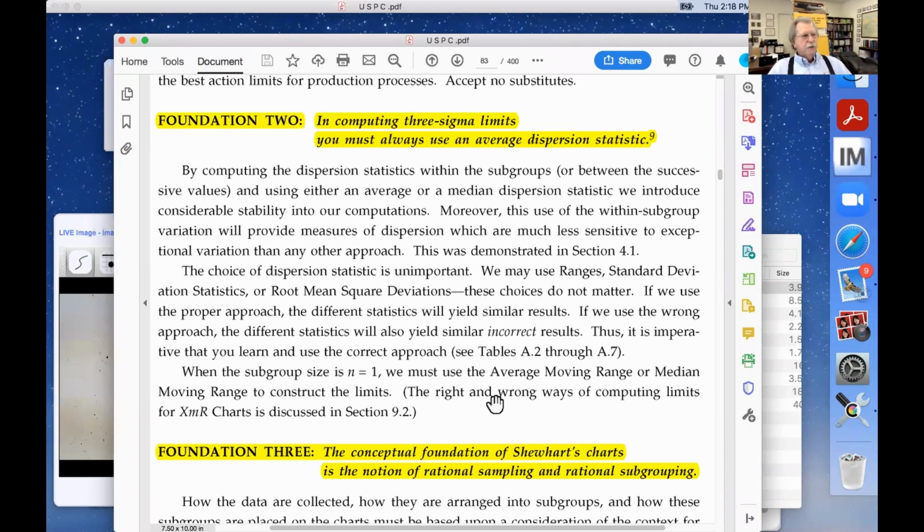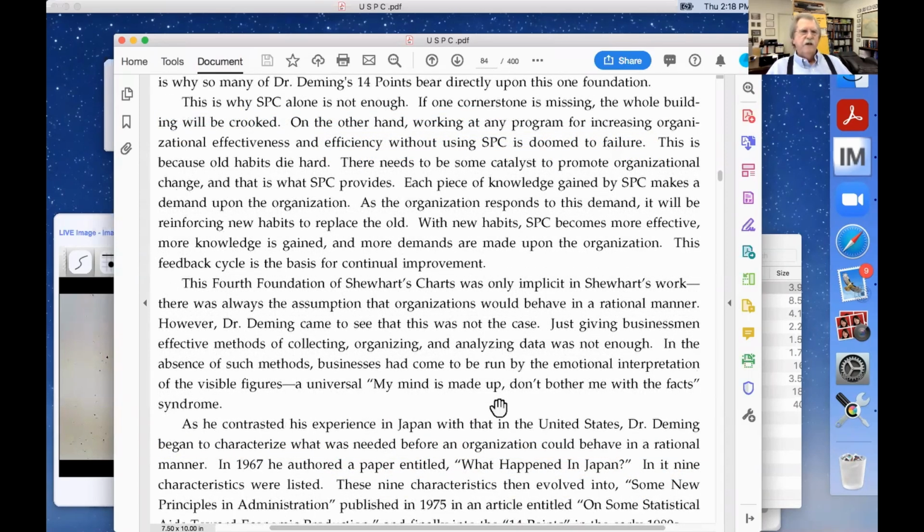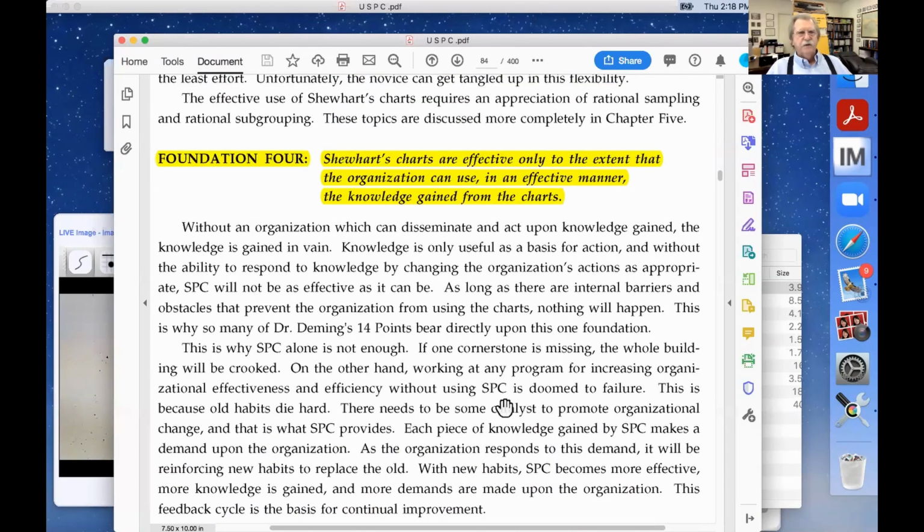Foundation 3 is what we want to talk about this afternoon. The conceptual foundation of Shewhart's charts is the notion of rational sampling and rational subgrouping. And foundation number 4, Shewhart's charts are effective only to the extent that the organization can use in an effective manner the knowledge gained from the charts.